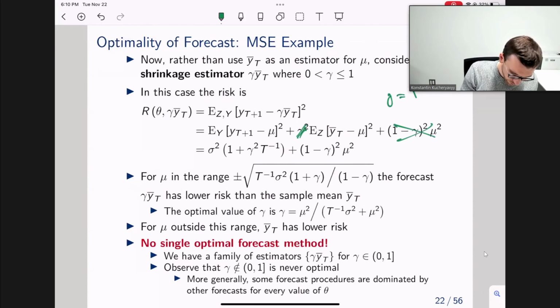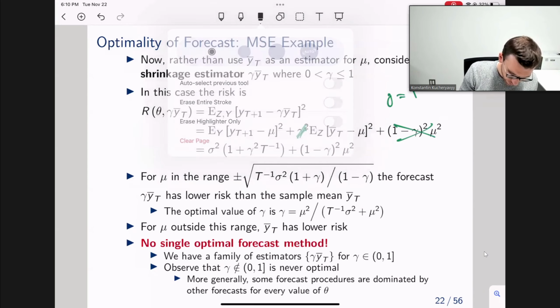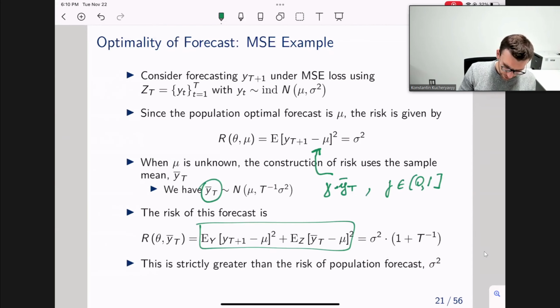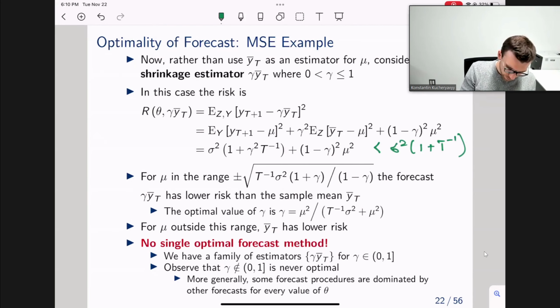But now suppose that gamma is not equal to 1. So we are asking this question, can this be lower than sigma squared times (1 plus 1/(t minus 1)), the one from here? Can it be lower?